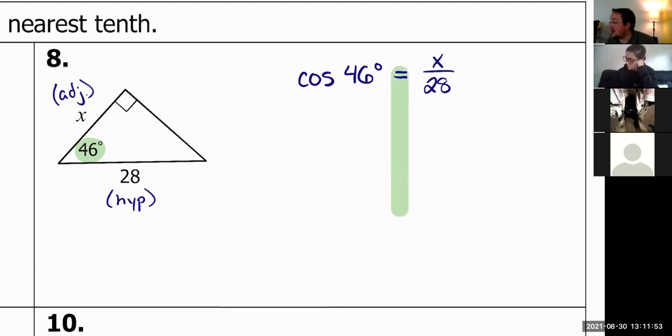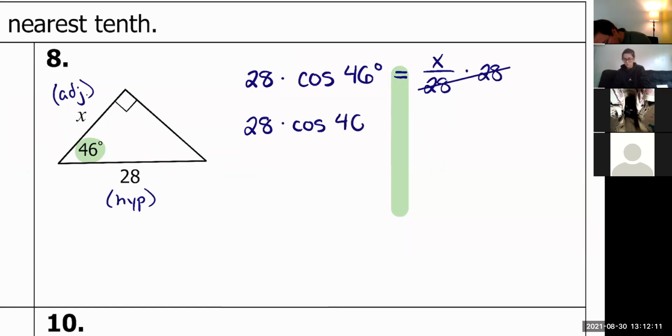So I want the x by itself. This one's going to be a little bit easier because all I need to do here technically is multiply both sides by 28. I'll be a little bit more detailed on this one. I'll take a shortcut later. So I get 28 times the cosine of 46 degrees equals x.